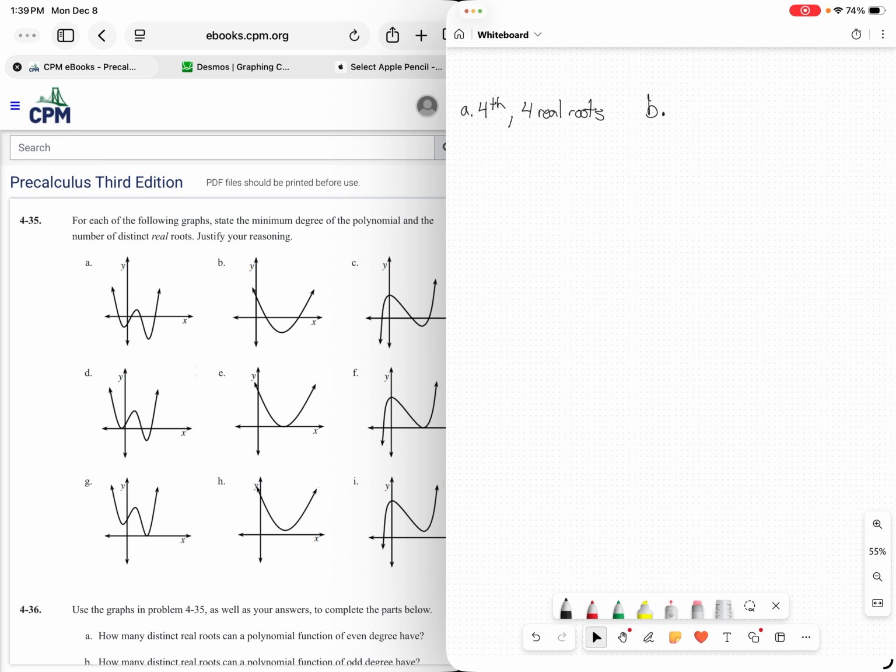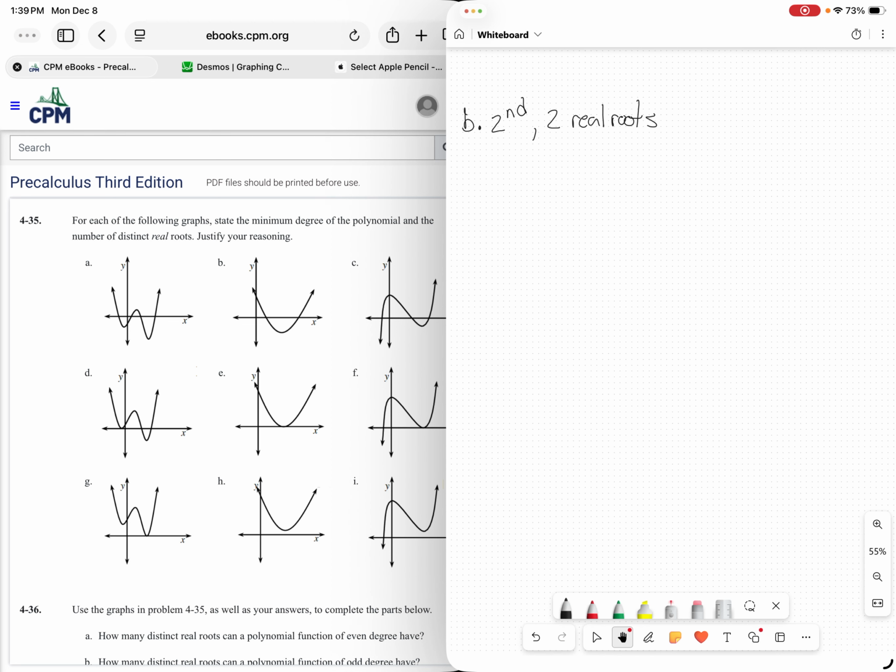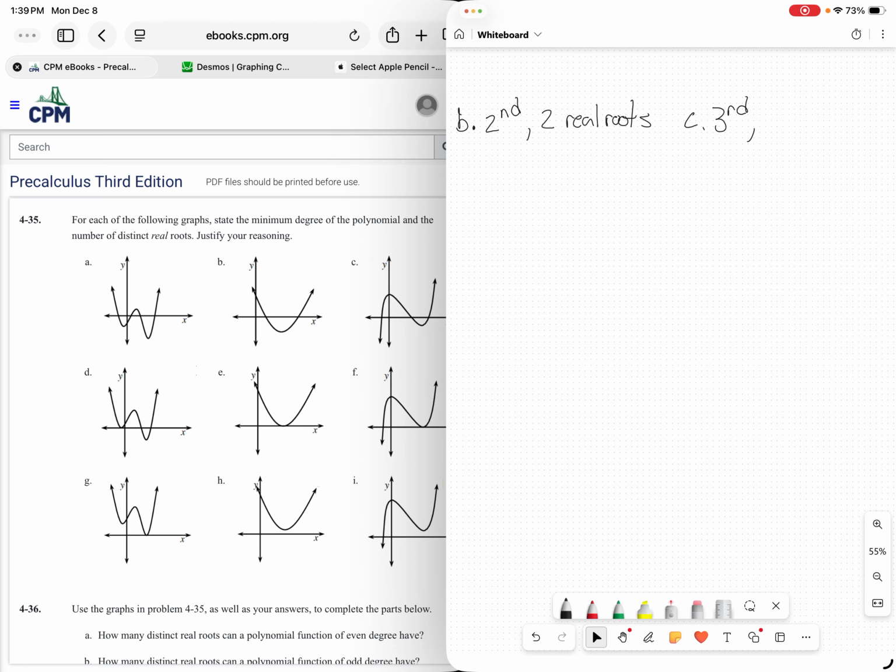So if you look at B, 2 real roots and 1 curve. So that would be 2nd degree or quadratic and 2 real roots. Okay. And then C, kind of hard to see there, but you can see 3 real roots and 2 curves. So we're talking about 3rd degree or cubic and then 3 real roots.